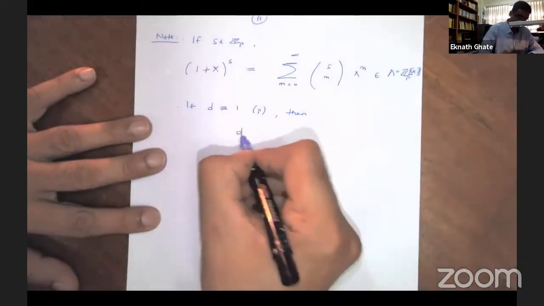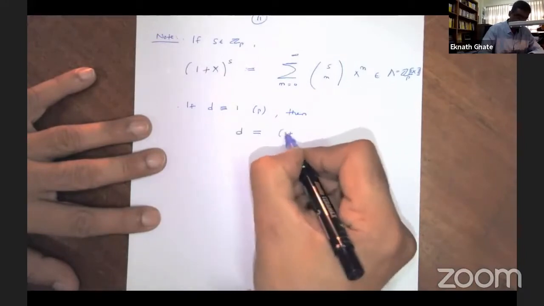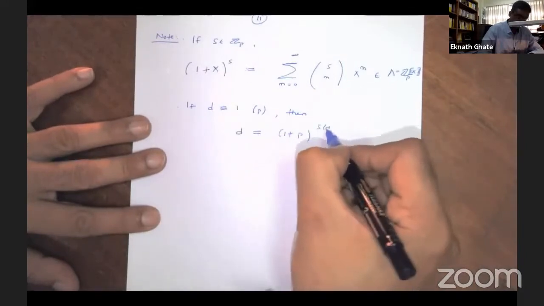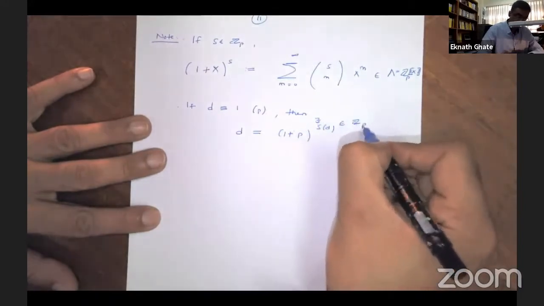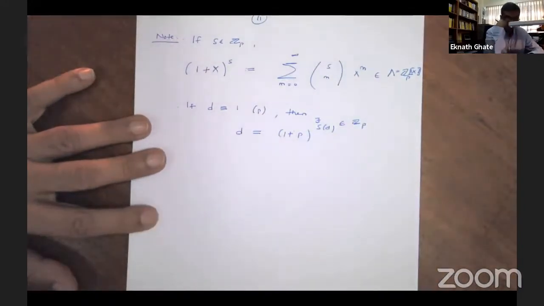Then D is equal to (1 plus p) to some power, which I'll call S of D, for some p-adic integer in Z_p.